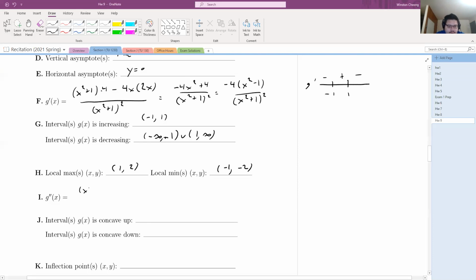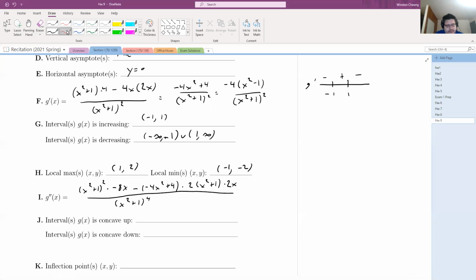So x squared plus 1 quantity squared times, a negative 8x, minus negative 4x squared plus 4 times a 2 times x squared plus 1 times a 2x, over x squared plus 1 to the 4th power.